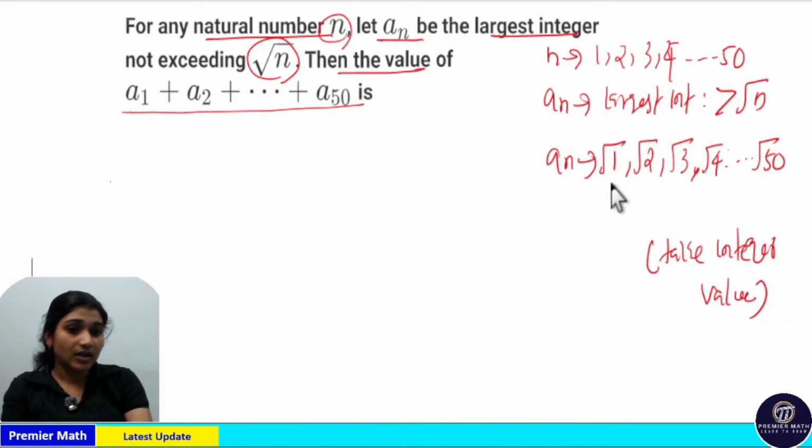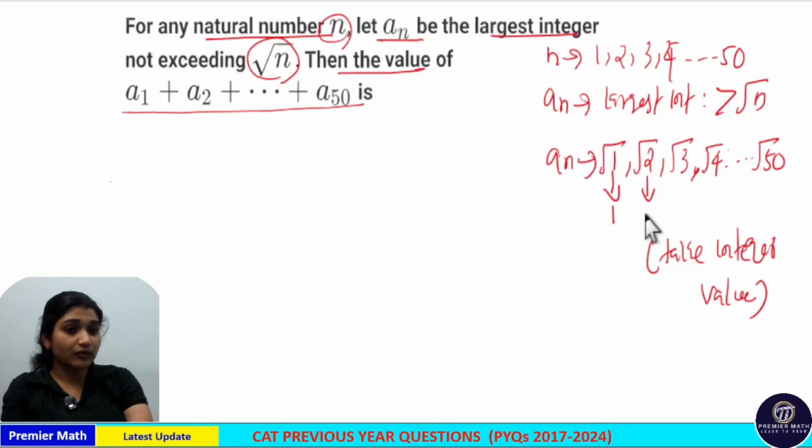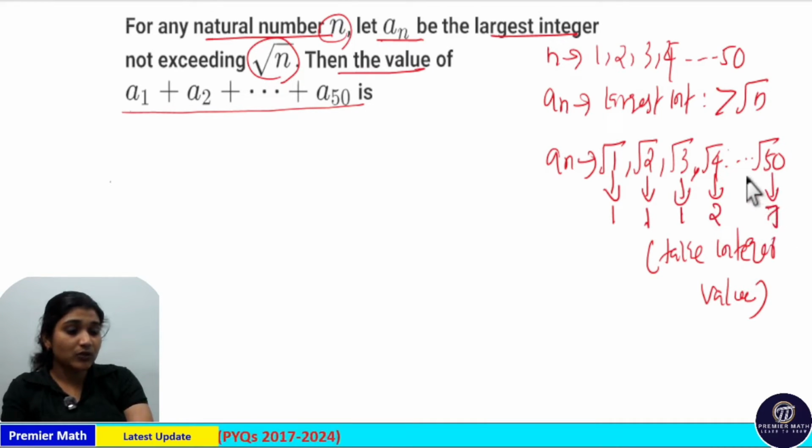The integer value of root 1 is 1. Root 2 is 1.414, so the integer value is 1. In the same way the integer value of root 3 is 1, root 4 is 2, and root 50 is 7, because root 49 is 7, so root 50 is 7 point something, and the integer value is 7. Now we need a1 plus a2 plus etc. up to a50.